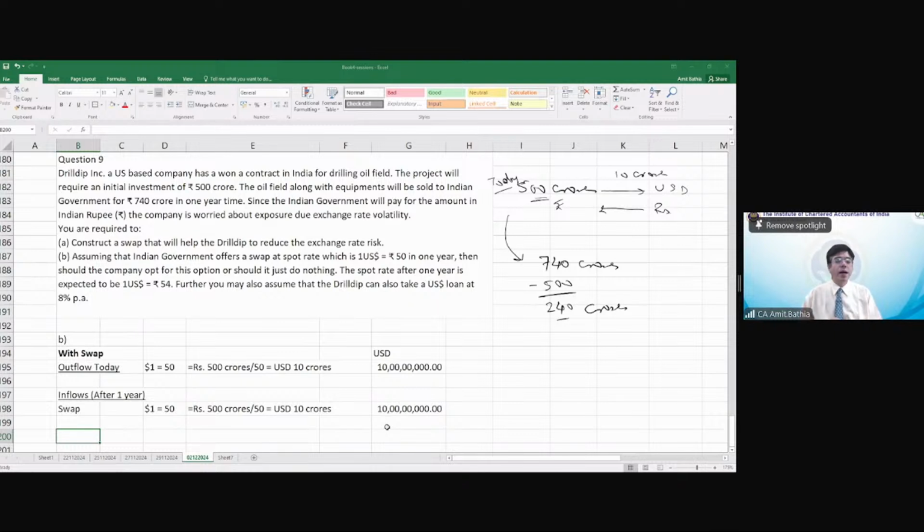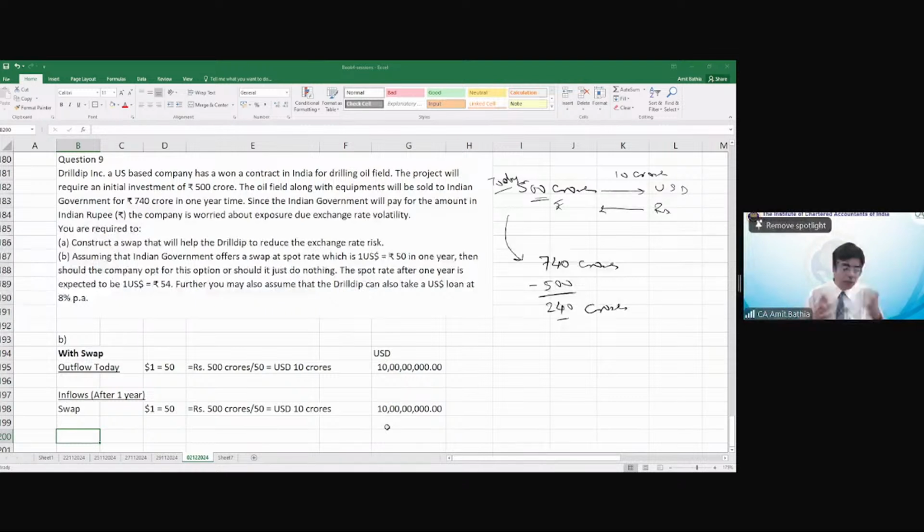No. So how it happens is, my dear, when you are doing a swap, I have given you 10 crore dollars, right? And you have given me 500 crore rupees. So it is at a predetermined rate that at the end of the year, I will give you back 500 crores and you have to give me 10 crore dollars back. So forex risk belongs to whom? To the person who has taken that particular exposure. So I am covered to the extent of 10 crores.